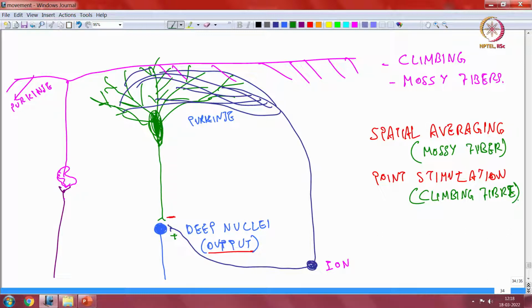Essentially, it compares two sets of information and generates an output.